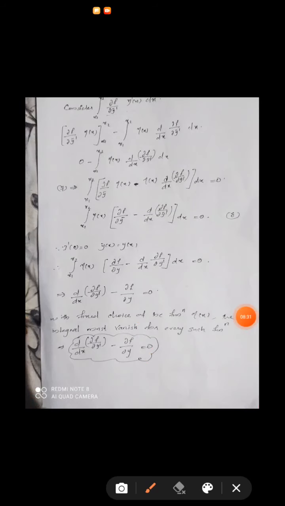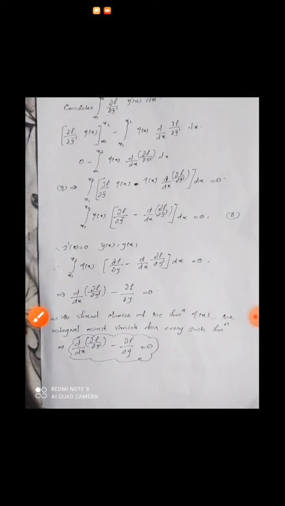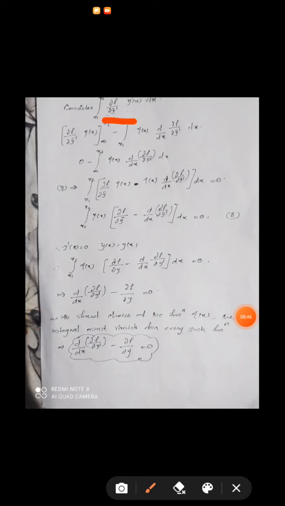Then here we have to consider the integral x1 to x2 dou f by dou y bar dash eta dash of x dx. Here this term is first term, this term is second term.